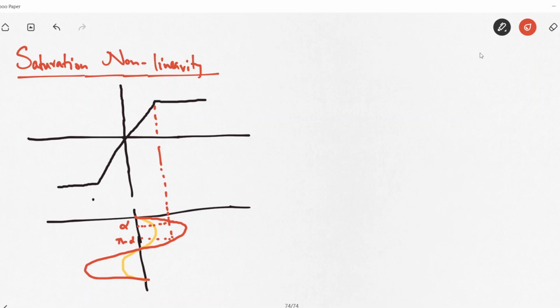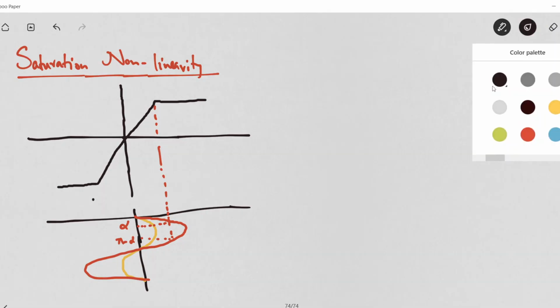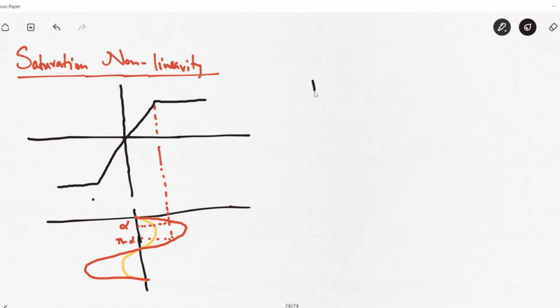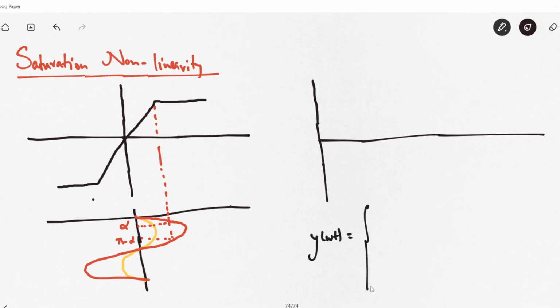Therefore our output here, so from 0 to alpha, let me first write this y of omega t, with omega t varying from 0 to alpha.